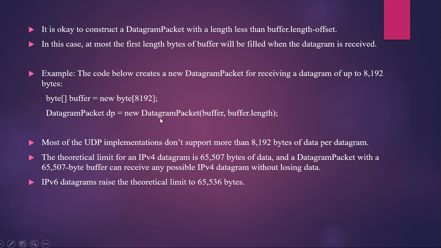Here you are assigning a byte buffer, new byte of 8192, and you need to create a datagram packet of this size. We are using DP as the variable for the datagram packet. You are creating a new datagram packet, in which you consider the buffer and your buffer length.